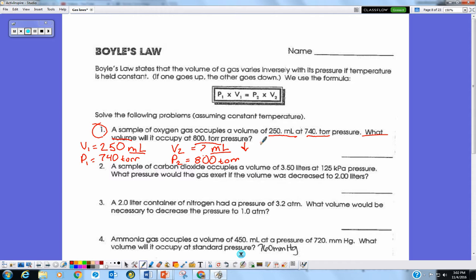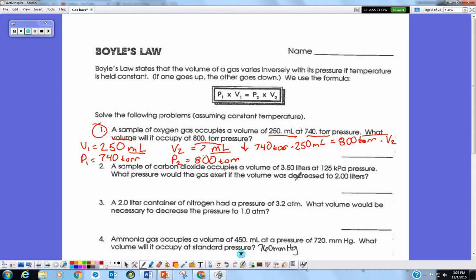So setting this up in our equation, P1 is 740 torr times 250 milliliters equals 800 torr times our new volume.